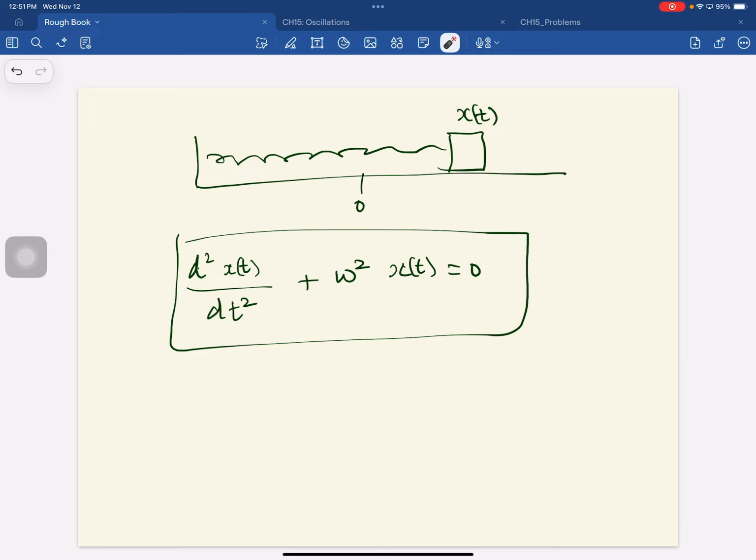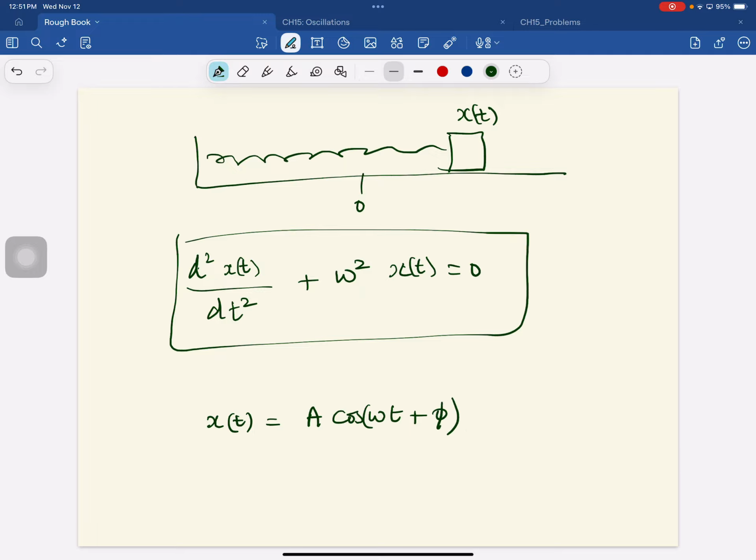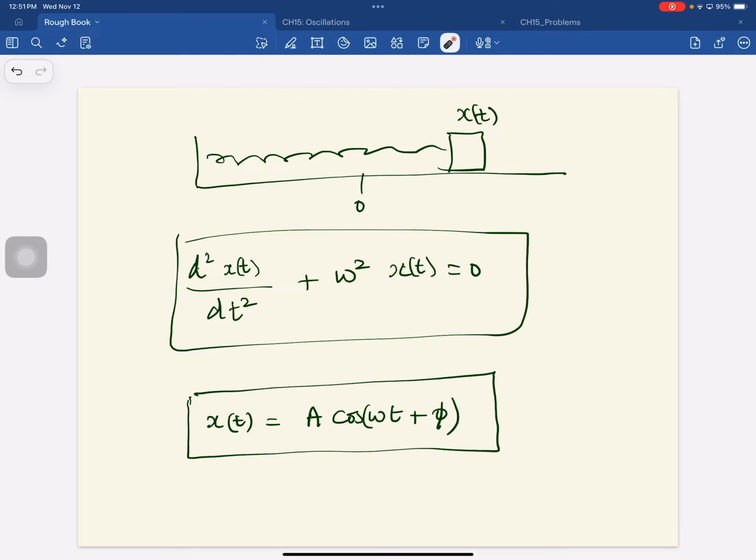So I'll write down the solution. All right, let's look at the solution. Okay, so here are the solutions.